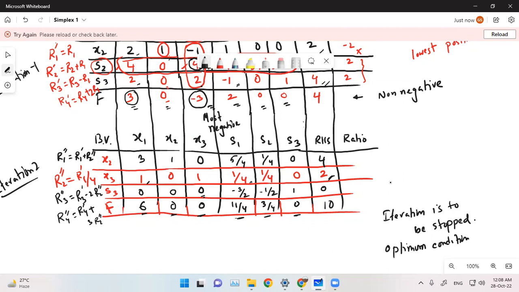Or optimal values, actually, it should be the correct thing to say. So optimal values obtained.